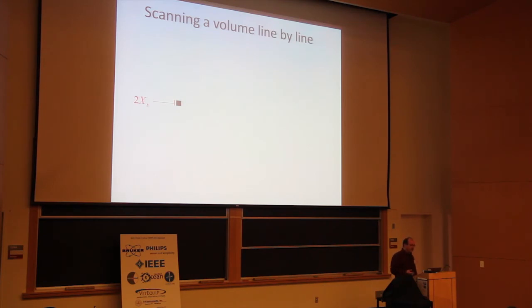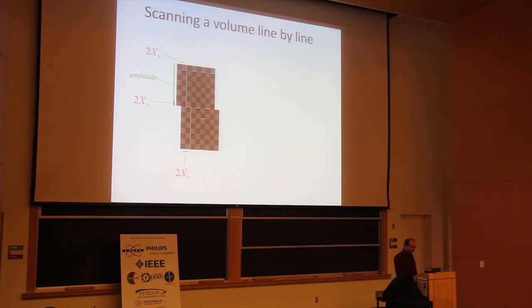Again, we apply our drive field, so we now get in real space a voxel with a field change of 2xs, the next, and so on, until we reach the highest field value, the amplitude. Then we do a step to the right and go down again, next step to the right, and so on until we have filled at least the plane, and then we have to go into the 3rd dimension.